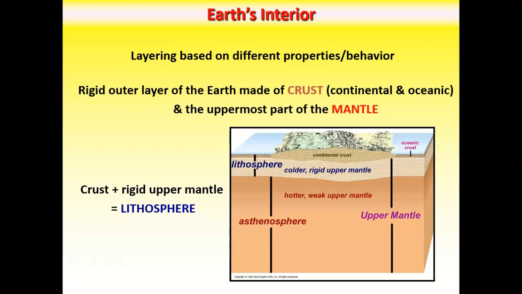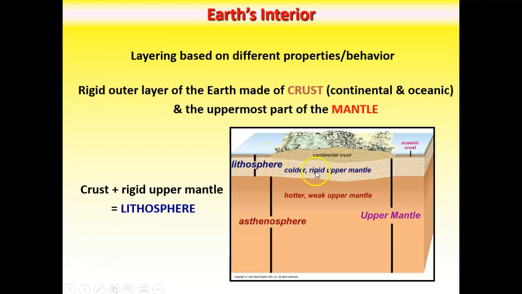So it's still cold, and it still reacts in a brittle fashion. You can see from this image there's a little bit of crust here, and this part is the mantle, because there is a compositional difference between these two, but they both behave the same way. So we're going to group them based on their behavior, which is that they're brittle.